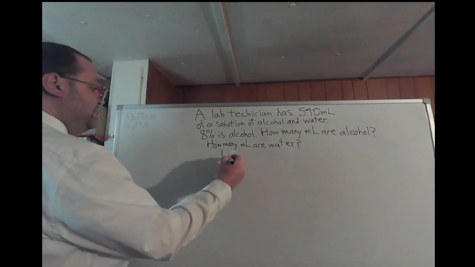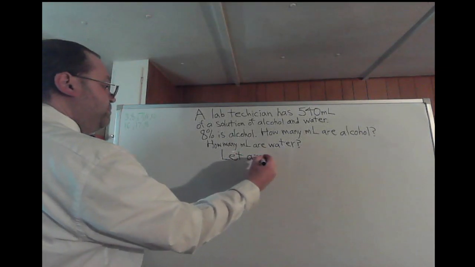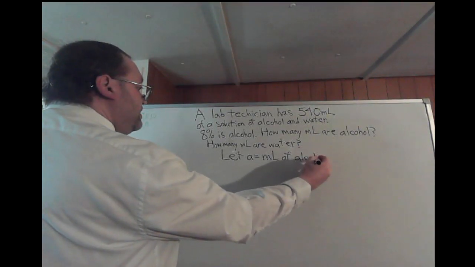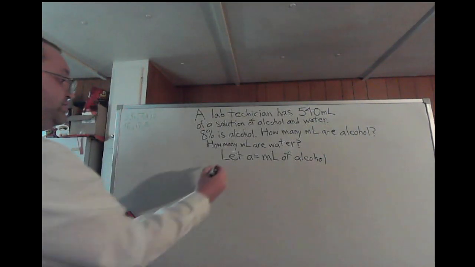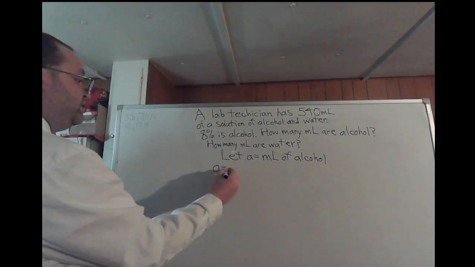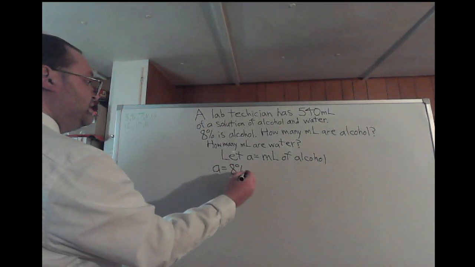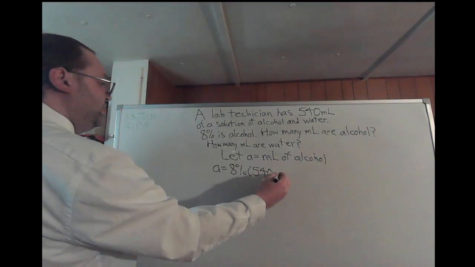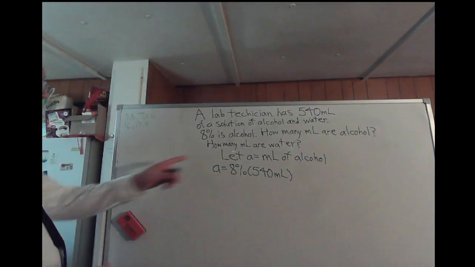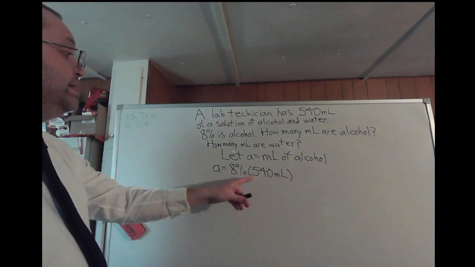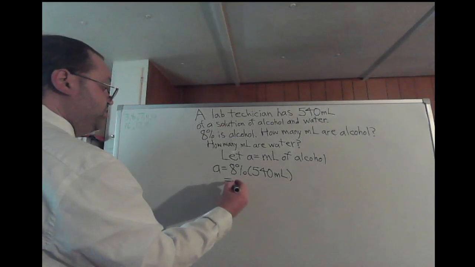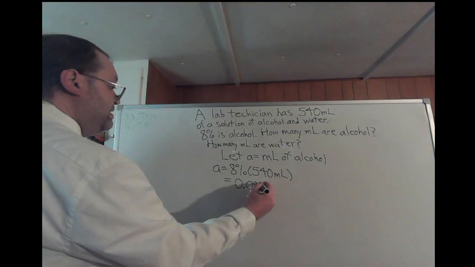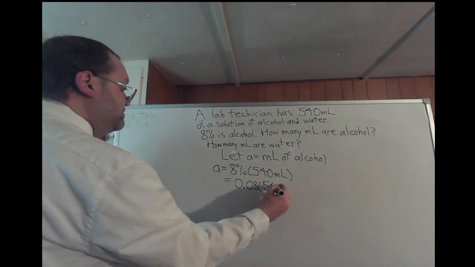So you'll let A equal milliliters of alcohol. That's what I would do. So A, the milliliters of alcohol, is equal to 8% of 540 milliliters, because 8% of the 540 is alcohol. So now we would just convert that 8% into a decimal, which is 0.08 times 540 milliliters.